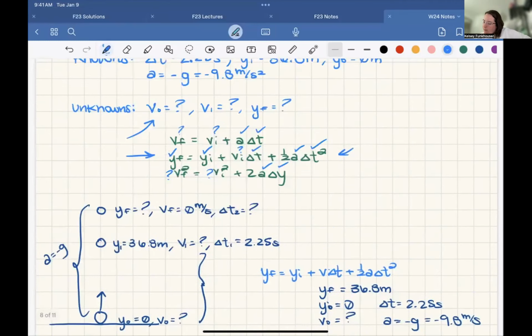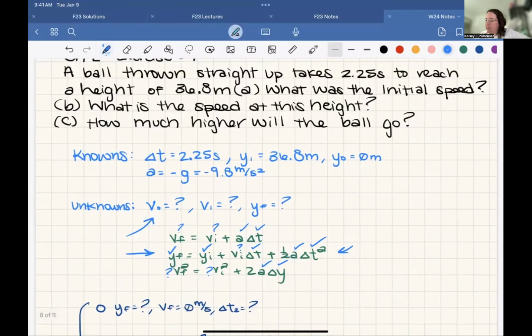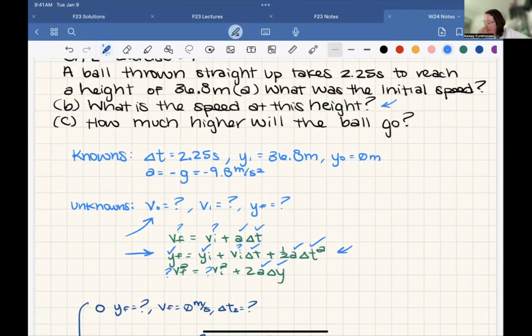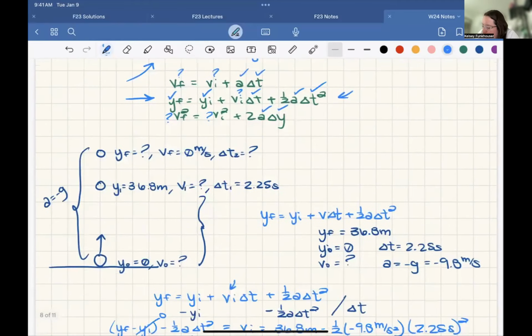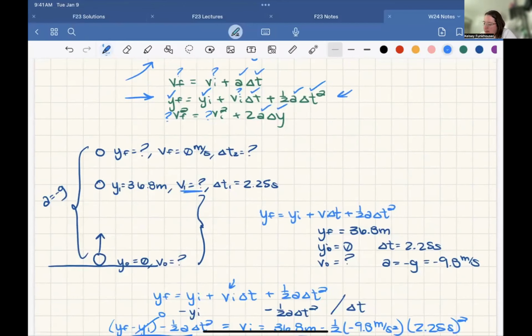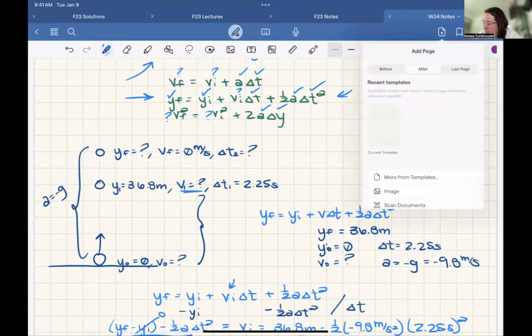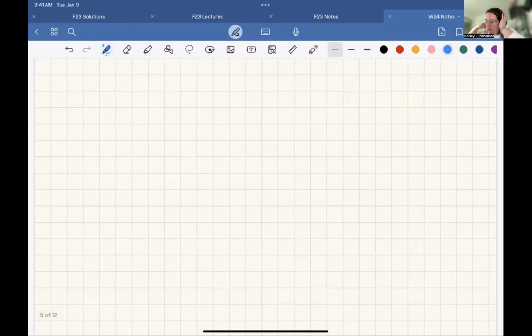Now let's go back up really quick. Part B says, what is the speed at the height given? So we want to know what v1 is next. So let's go to the next page and do our kinematics equations again.